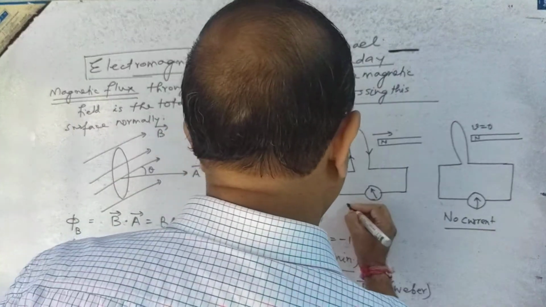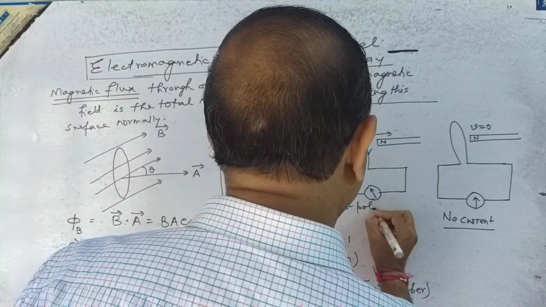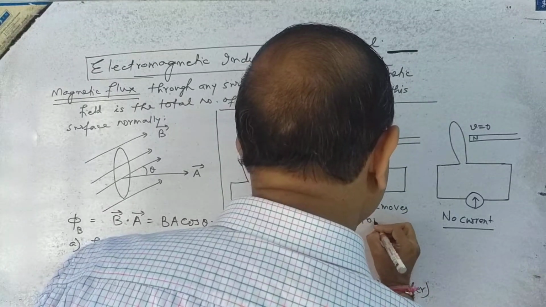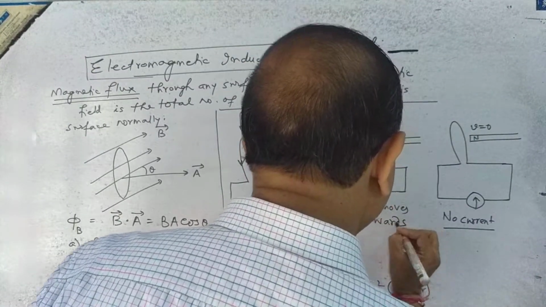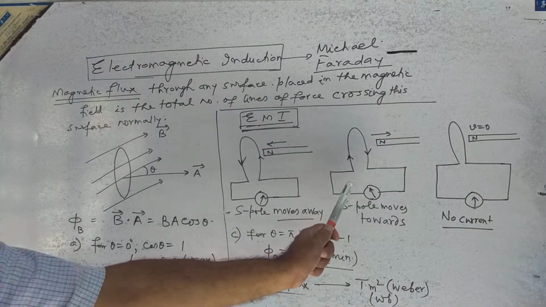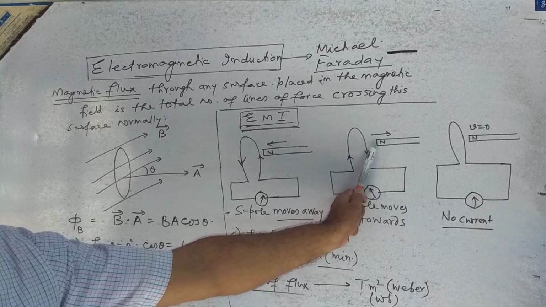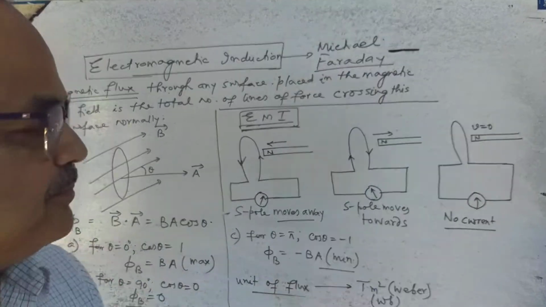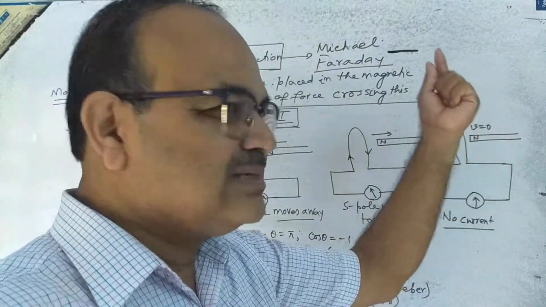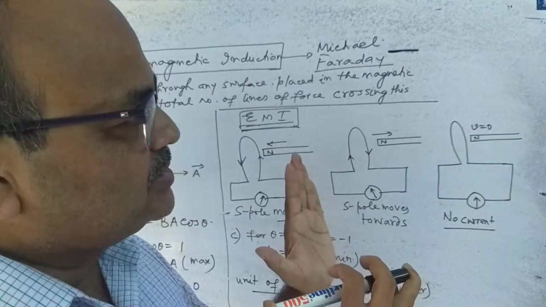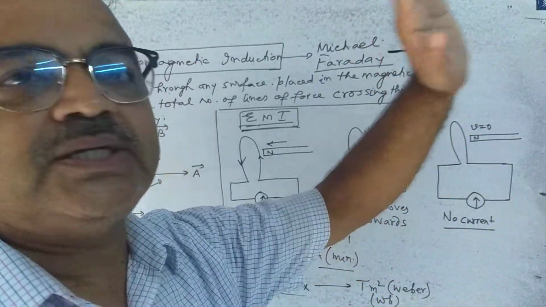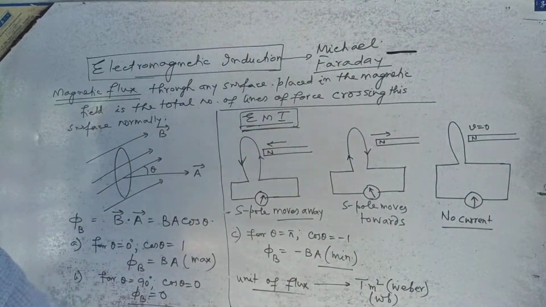And if the south pole moves towards, it will give the same direction as the north pole moving away. And if either the magnet or the coil is static, then what happens? No current. This is the observation.